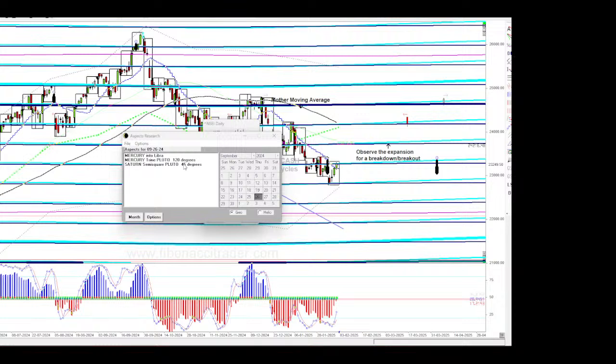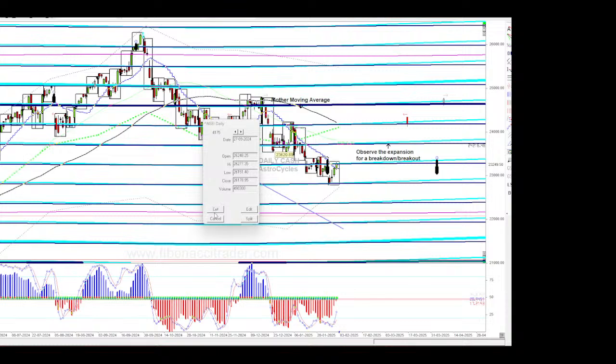Isn't it too interesting? How is it possible? Saturn semi-square Pluto, 45 degrees on 26. Here I click, Saturn semi-square Pluto, 45 degrees on 27. It is such an interesting thing that we think we are governing the market, FII governing the market, this governing the market, that governing the market, but it is the planets governing the markets.